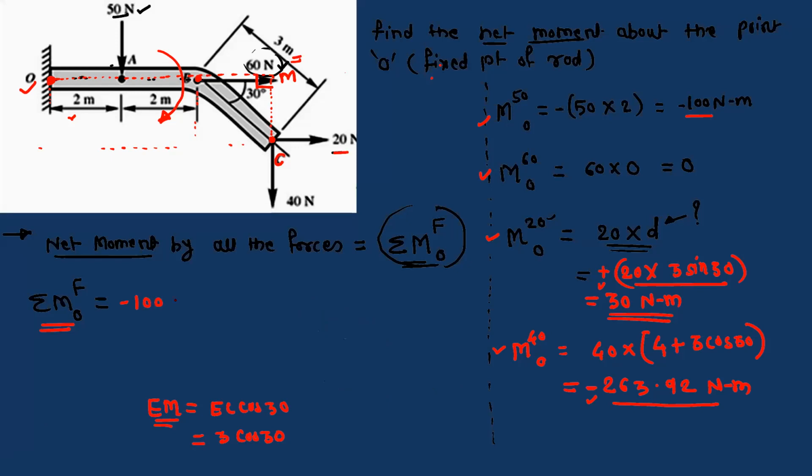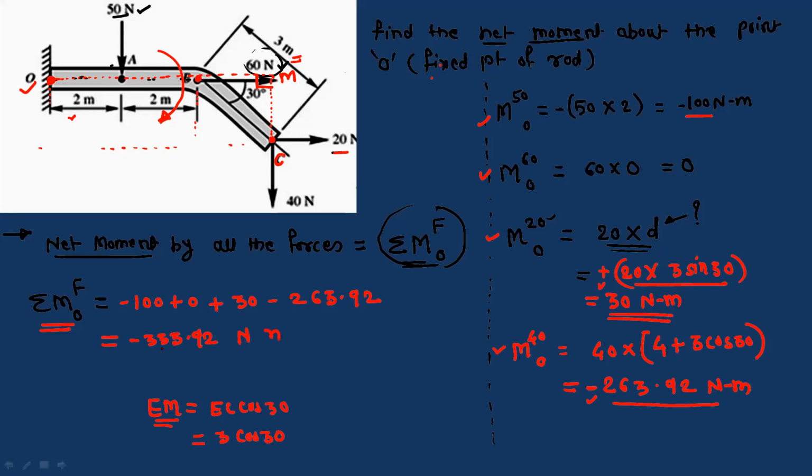Then second is 0. Next is 30. And last is minus 263.92. Okay. So your final answer will be minus 333.92 Newton meter.